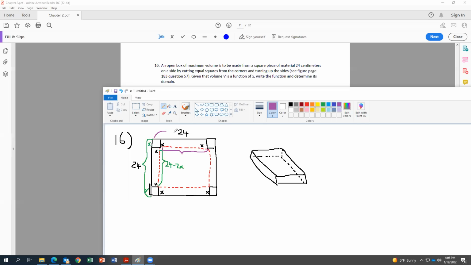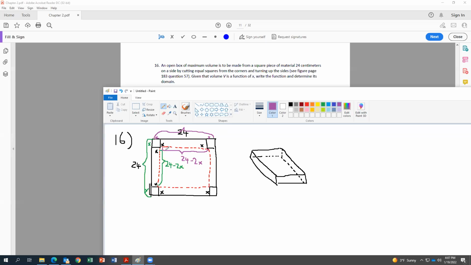Now, what about the other side, which is this side? Again, this is 24 and this is x. So what is the length for this red dot going sideways? That is also 24 minus 2x, because you take 2x on the left and right from 24.